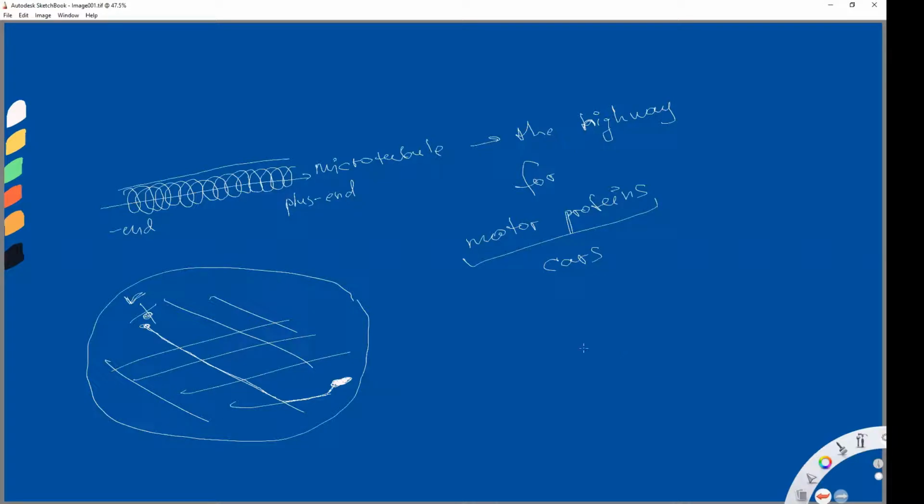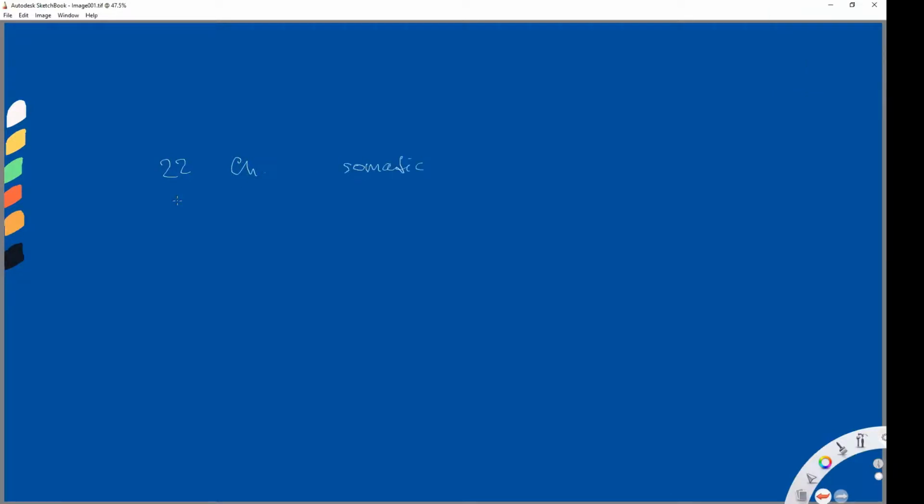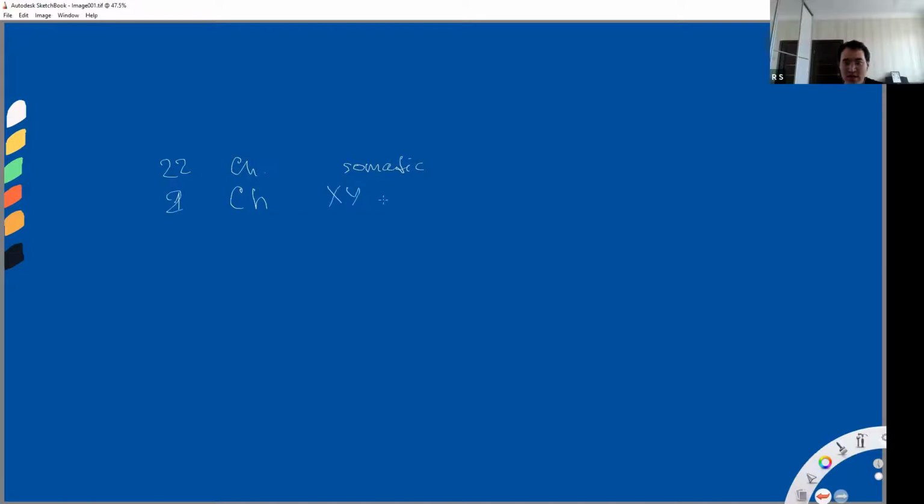So do you see my screen? Yes. Okay. So we have 22 chromosomes that are called somatic, and one chromosome pair, or let's call it just chromosome. So two chromosomes, X and Y, are sex chromosomes. They are not the same as somatic cells and sex cells, okay?